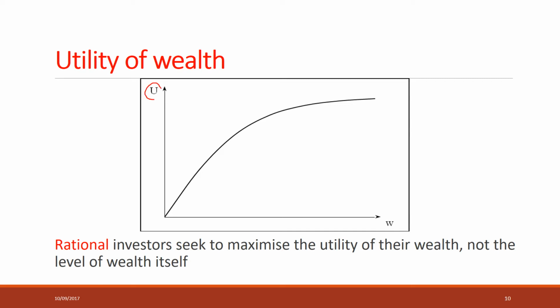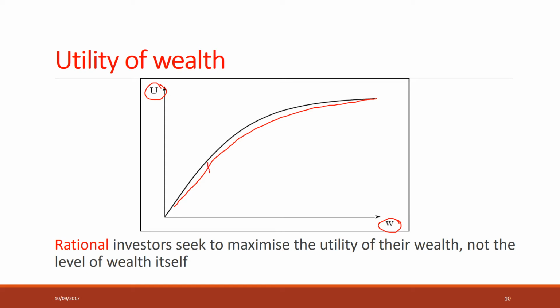With the expected utility theory, we focus on the relation between investors' wealth and their utility, right? So the utility function, which is this curve over here, is a concave function, meaning that the utility of the investor increases at a diminishing rate, right?